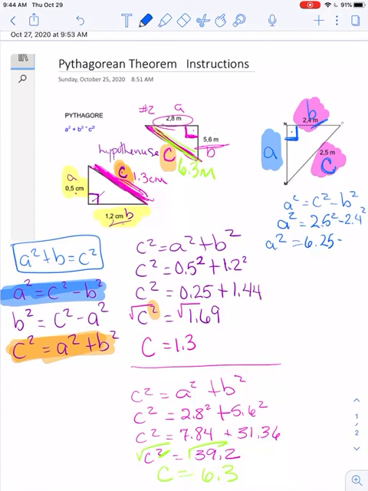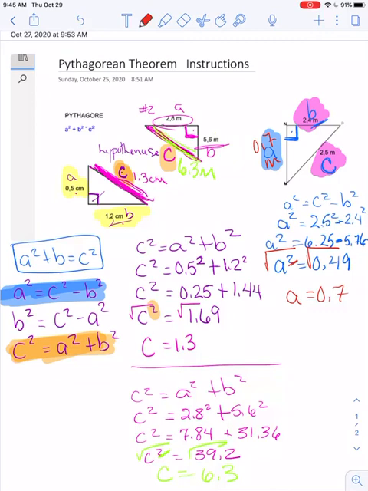Then we have to make sure we're using a subtraction. 2.4 to the power of 2 means 2.4 times 2.4 gives us 5.76. A squared equals, we're going to subtract 0.49. We need to get rid of the exponent, so square root, A equals 0.7.